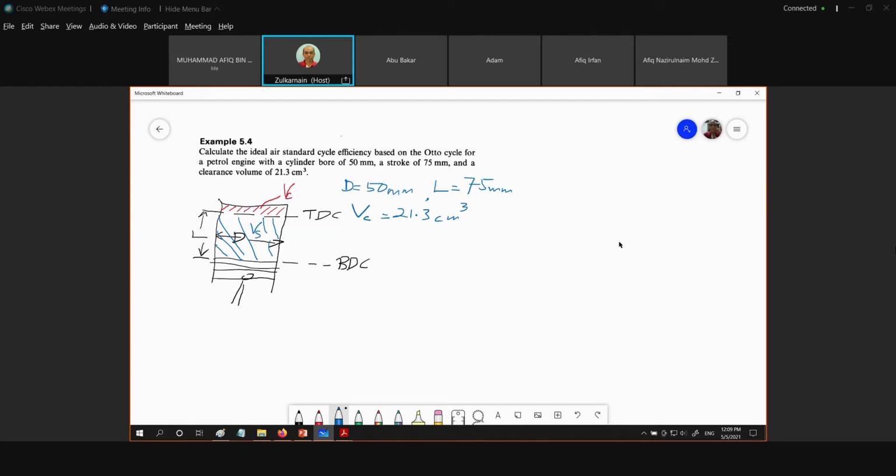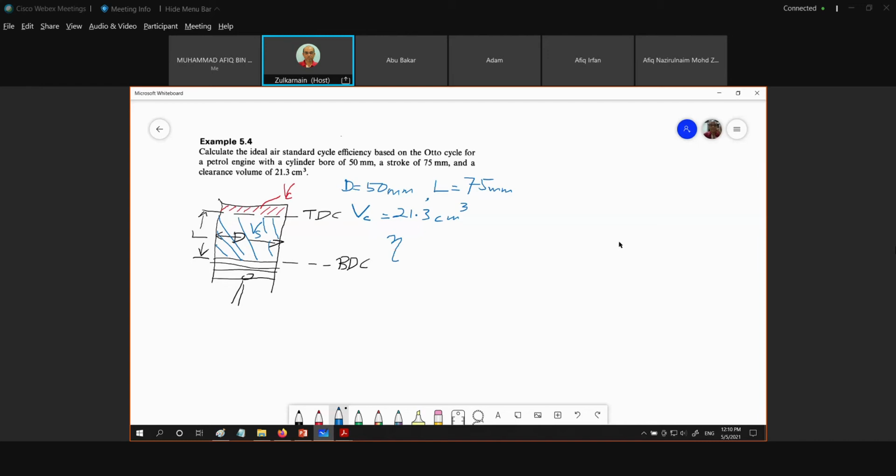Right? And we need to get what is the Otto cycle efficiency. For sure, we must use the equation that we have learned, right? Because we don't have any temperature given. It's only given the geometrical parameters, right? This is all the geometrical parameters of the cylinder. But we could get what is the thermal efficiency based on that.